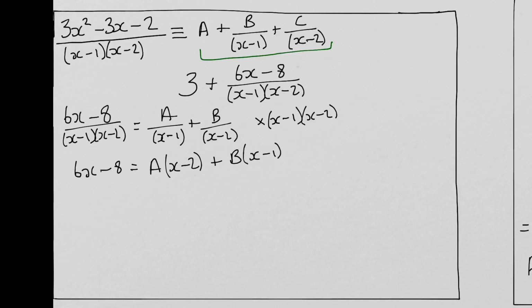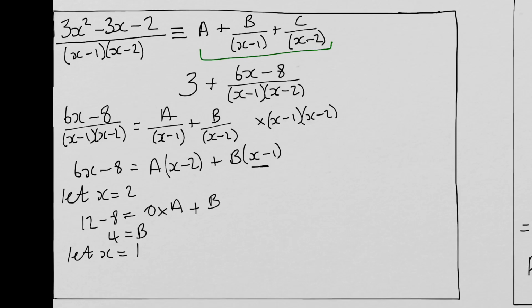So we choose values that will mean each of these brackets will independently be equivalent to 0. So let's say let x equal 2. So on the left-hand side, I'll get 12 take away 8 is equal to 0a plus, so just left with 1b. So 4 is equal to b. And on the next part, if I want to eliminate this bracket, I'm going to let x be equal to 1.